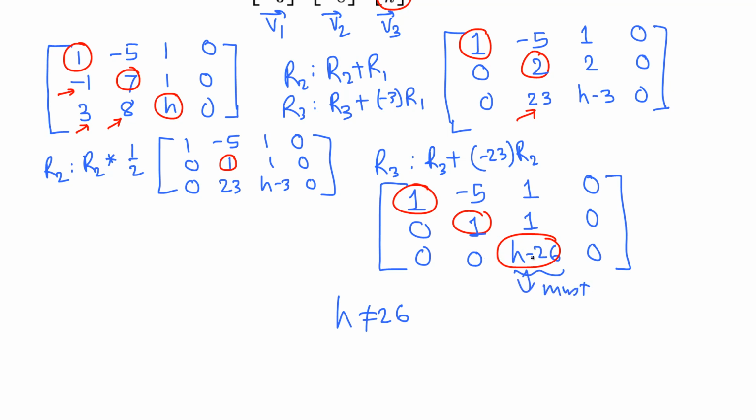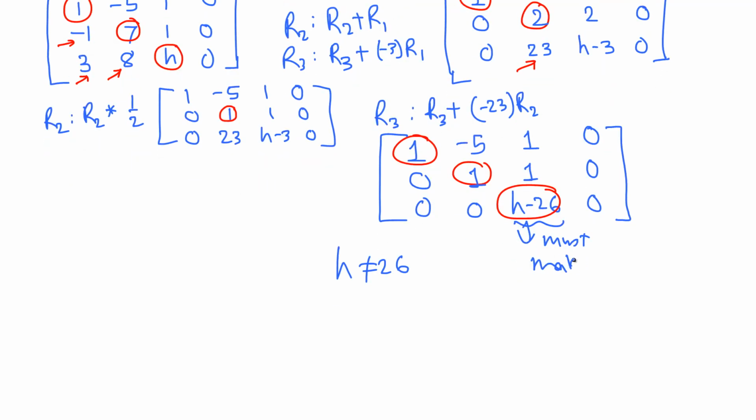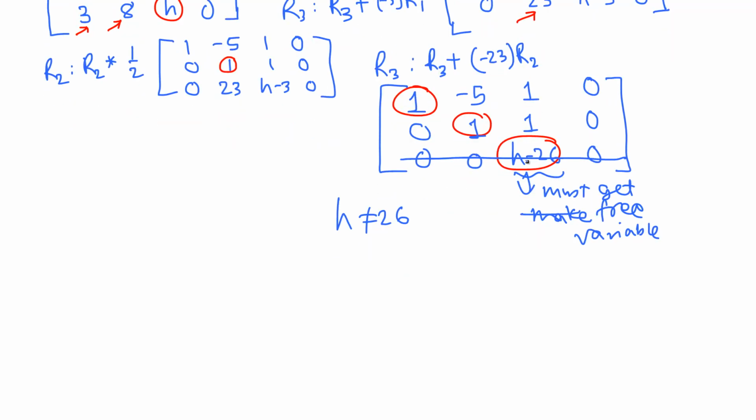That's the only chance we have, because h can be chosen freely. We must get a free variable, and that happens when we have no pivot in this column. So if we make this entry 0, then we get a free variable, and h minus 26 must be 0.